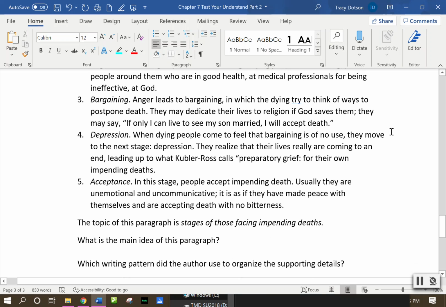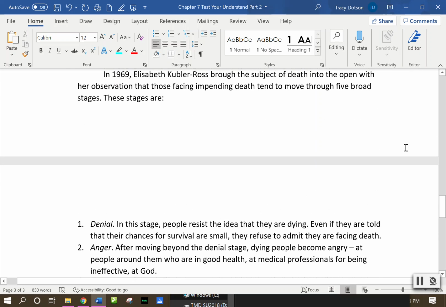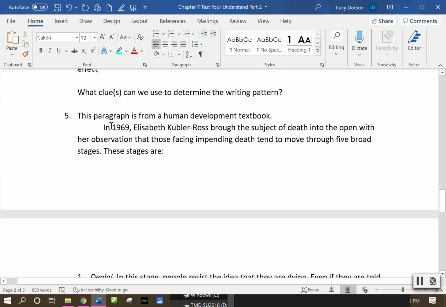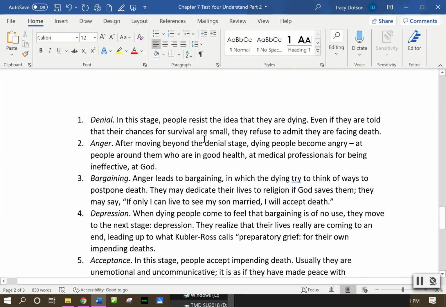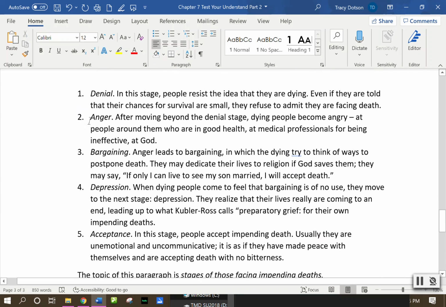So here, the topic of the paragraph is stages of those facing impending death. Our main idea for this paragraph, let's see, it's right back here. It would be that first sentence. Okay, and so here in this paragraph, we're listing with bulleted points.